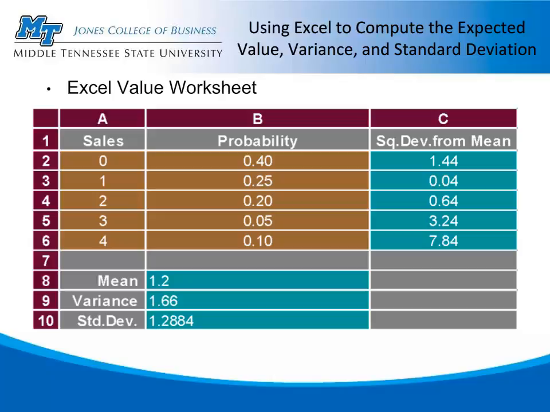The 1.44 is calculated as the difference between the 0 and the 1.2 that's in B8, and squaring it. When you take the deviation squared, multiply it times the probability, do that for every case, and add up those numbers, you get the variance. The variance for this particular problem turned out to be 1.66. And then all you have to do to get the standard deviation is take the square root of the variance.